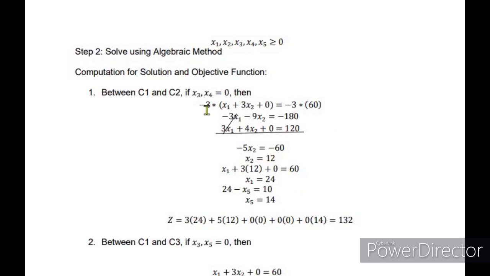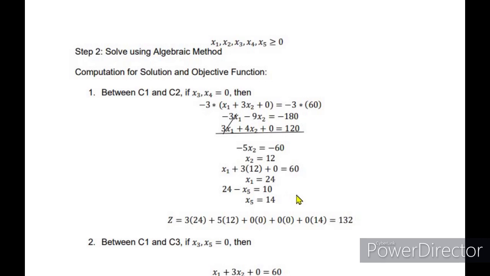You can substitute this to constraint 1 or constraint 2, but here it is substituted to constraint 1, because x sub 2 and x sub 4 or x sub 3 here is 0. You simplify, and you get x sub 1, which is 24.